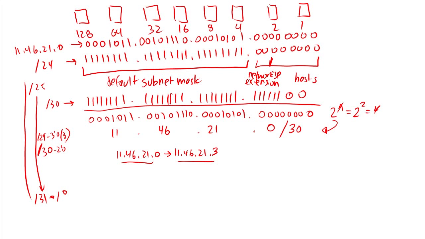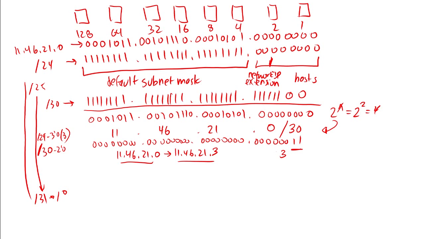So 0, 1, 2, 3, 4. So it's better to do it mathematically because it'll trick you. If I had written this as a bunch of zeros, if I flip the mask over, I would only have 2 ones here, and this whole octet would have been 3. And when I added to 21.0, I would have ended up with 3, which is correct.